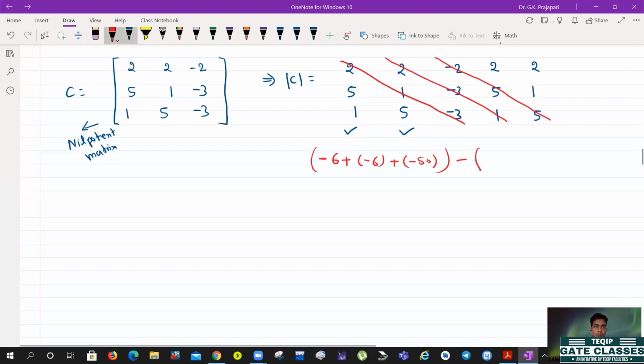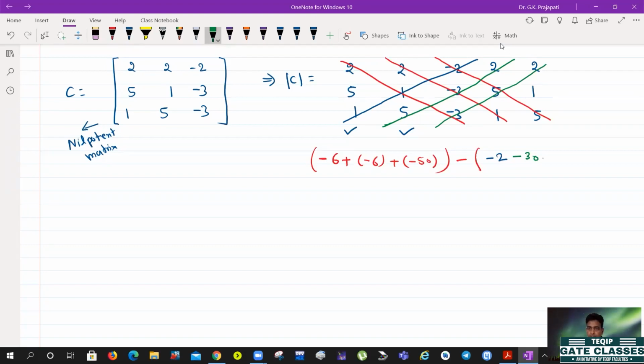minus, now make the diagonal from the bottom and multiply its elements, that is 1 into 1 into -2, -2, and the product of another diagonal, 5 into -3 into 2, -30, and the product of the third diagonal elements, -3, 5 and 2, that is -30.